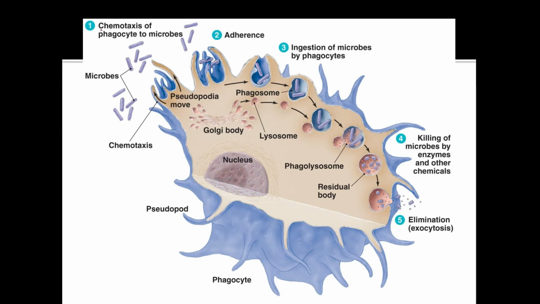Now this is another macrophage, and again it shows the same thing: there is a microbe, and chemotaxis causes the macrophage to move towards it, with pseudopodia movement, and then adherence of the microbes. The microbes come in contact with the phagosome, and the phagosome combines with lysosomes to form the phagolysosome.